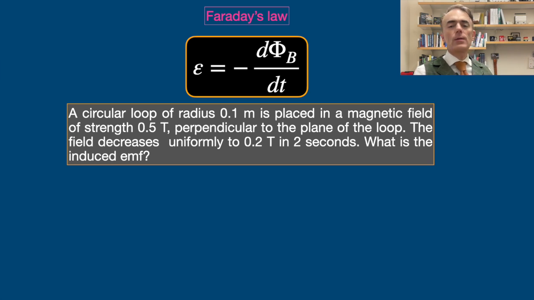Let's walk through a quick example. A circular loop of radius 10 centimeters is placed in a magnetic field of half a Tesla, perpendicular to the plane of the loop. The field decreases uniformly to 0.2 Tesla in 2 seconds.